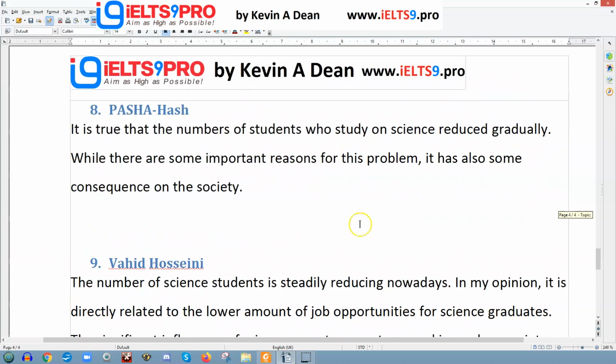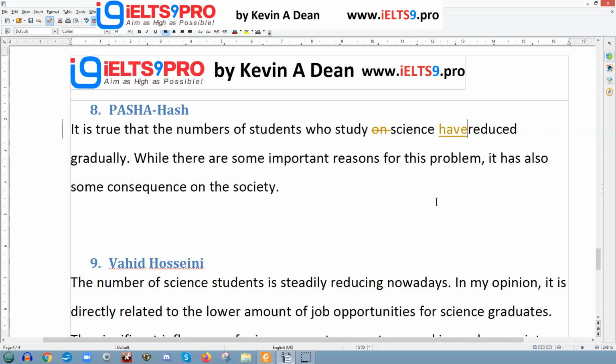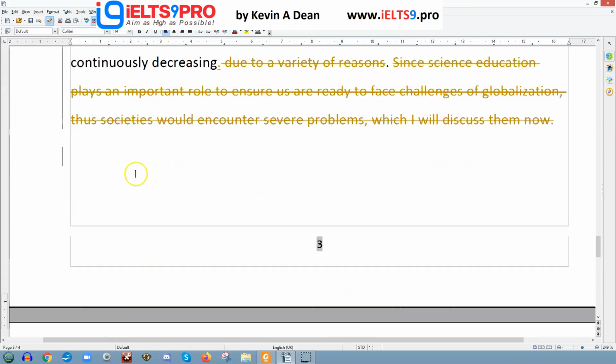It's true that the numbers of students who study science, reduced gradually. Reduce what? The students reduce themselves? What does that mean? Have gradually. Reduced is not declined. It's kind of similar. I don't want to.